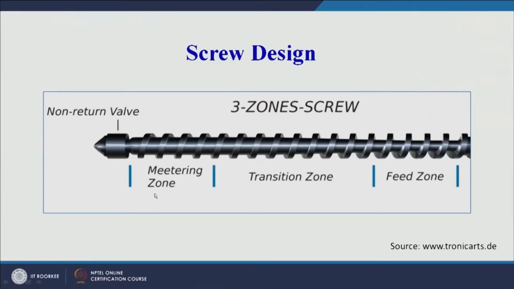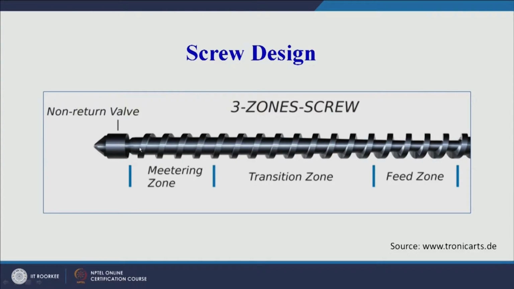There are basically three zones of a screw in case of injection molding. Similarly, in case of extrusion process also we have seen a similar diagram of the screw, and we have tried to understand what are the different zones of the screw length. Here also, if you see the screw length, which is starting from one end to the other end, we can see the length of the screw will be in the longitudinal direction.